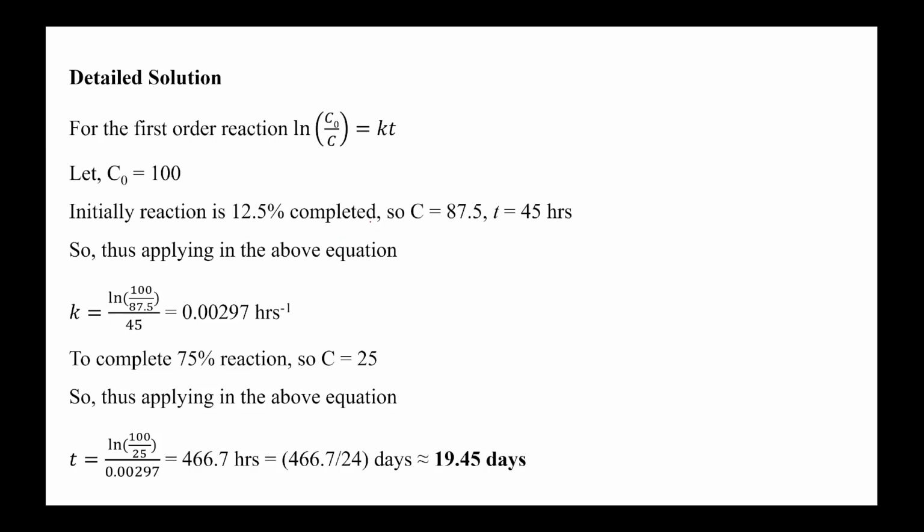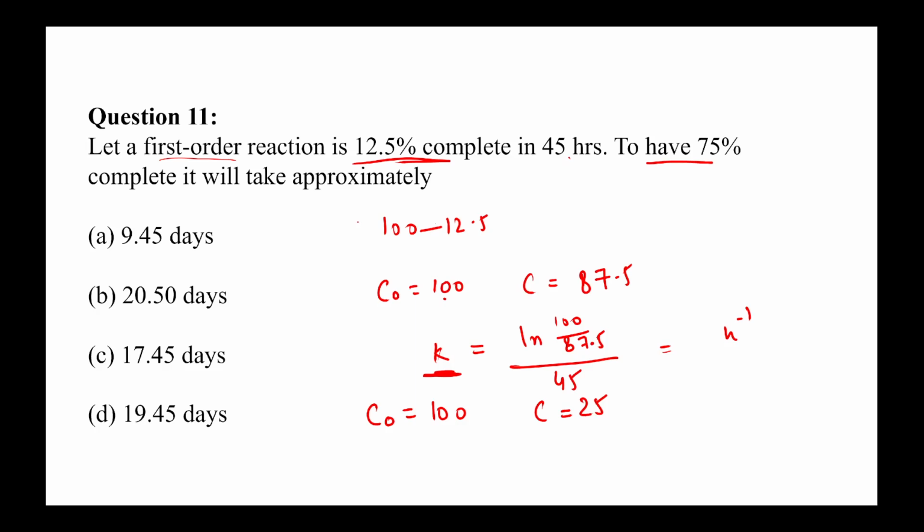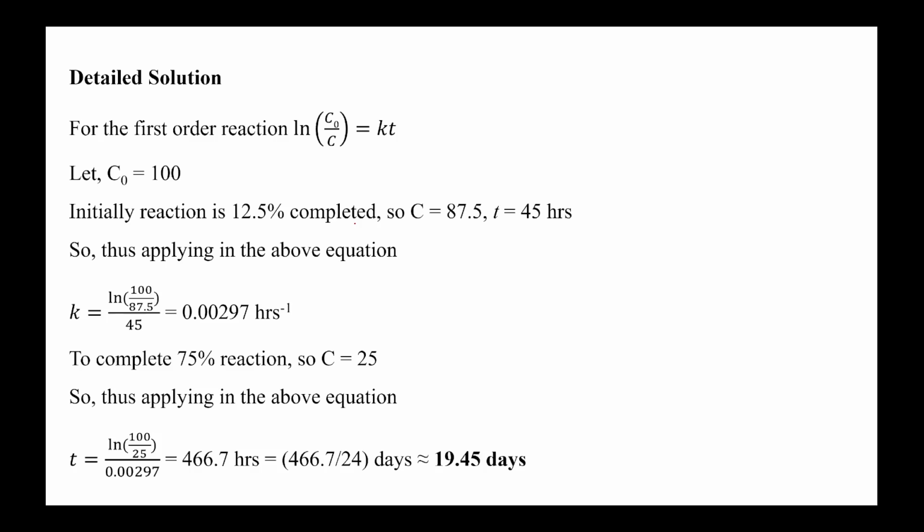So here's the solution. Option D is the correct answer actually. So Suvartha, I think you might have done some calculation mistake. You can recheck your calculations once. The first order reaction equation is natural log of C0 by C is equal to KT, right?